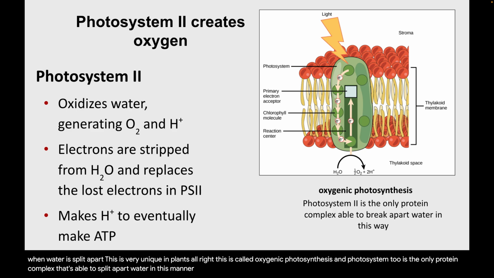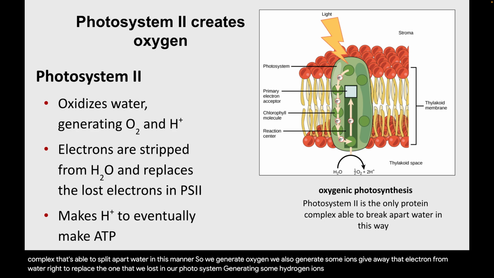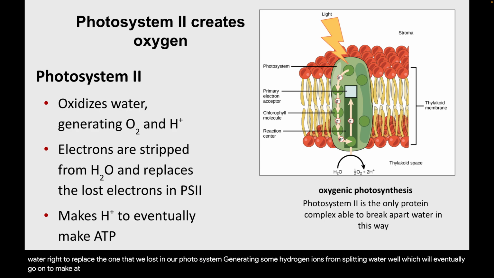So we generate oxygen. We also generate some ions. We give away that electron from water to replace the one that we lost in our photosystem. We're also generating some hydrogen ions from the splitting of water, which will eventually go on to make ATP, right?